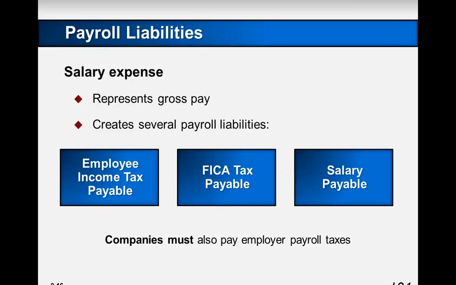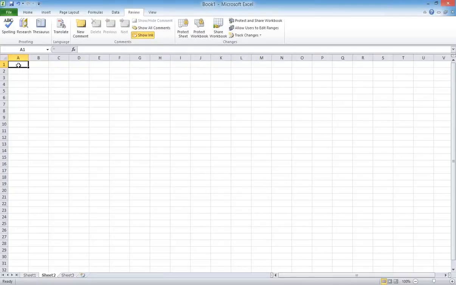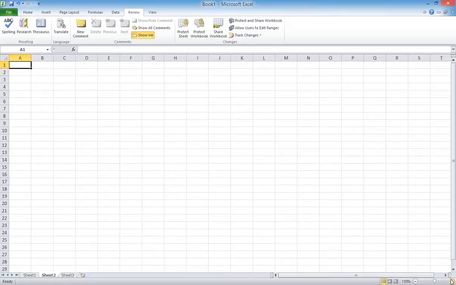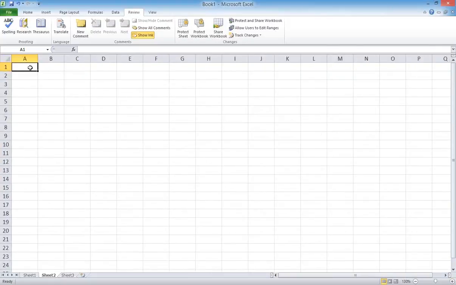It's kind of interesting. Let's pop up a spreadsheet here and look at just a little illustration real quickly. If we had a gross paycheck of $400, and we were going to withhold 10% of federal income tax, that would be $40.